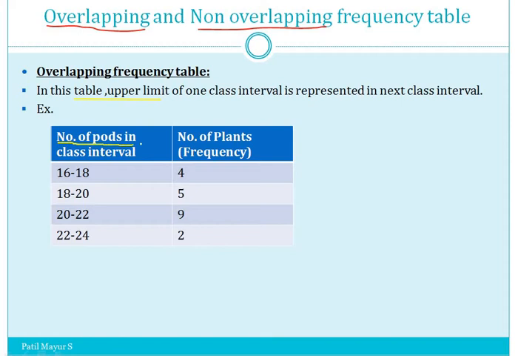Here this is the number of pods in a class interval. It becomes your variable in a continuous series, because 16 to 18, 18 to 20 is a continuous series.